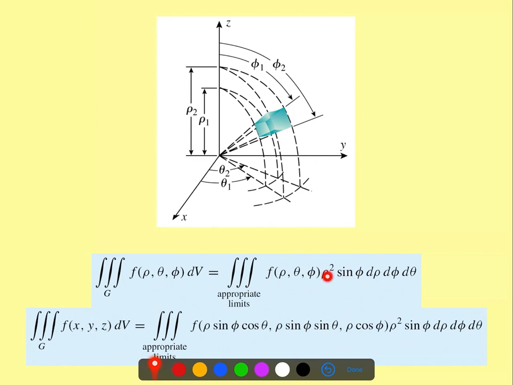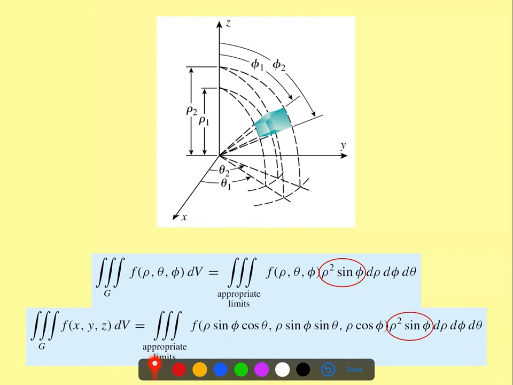We get the extra factor of r like we did before for the area of the base of this box, and the other extra factor of rho comes from a similar reason for this part of the sector. So we get rho r d rho d phi d theta, or in spherical coordinates, rho squared sine phi d rho d phi d theta.